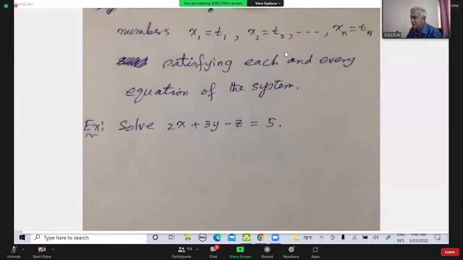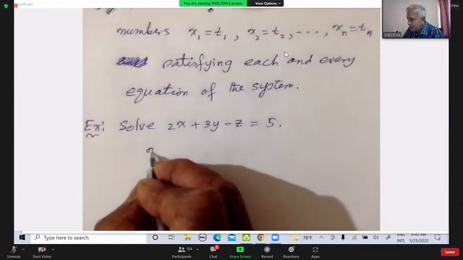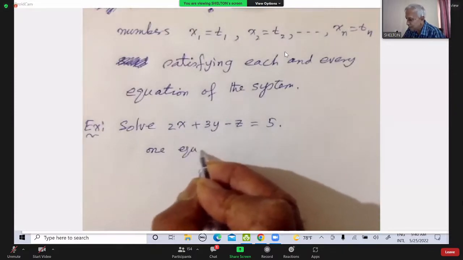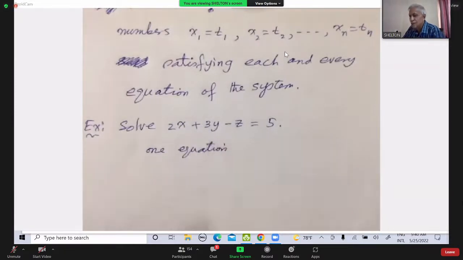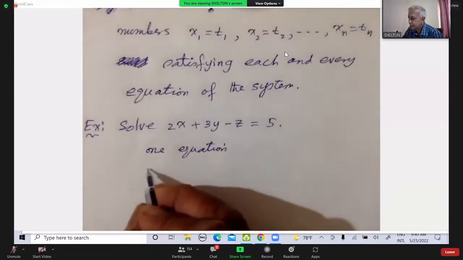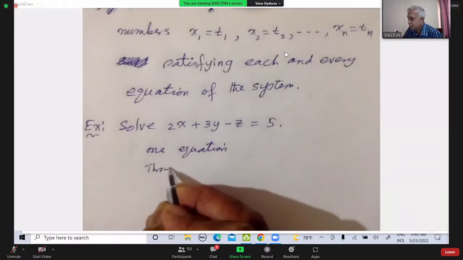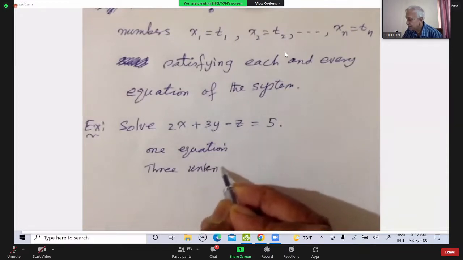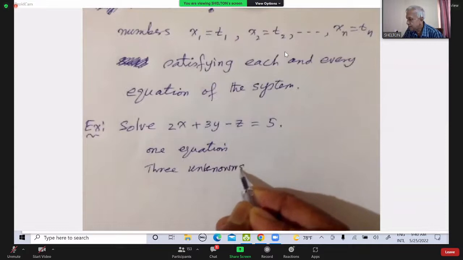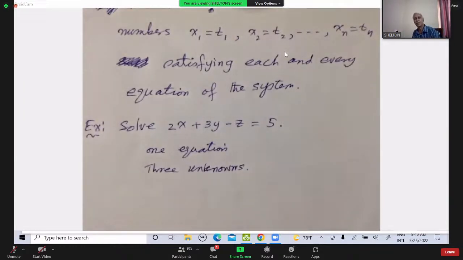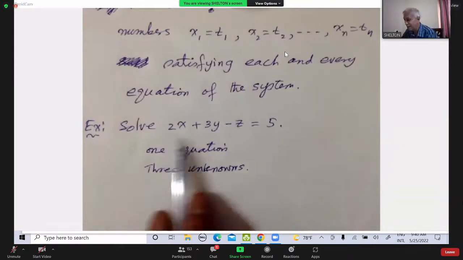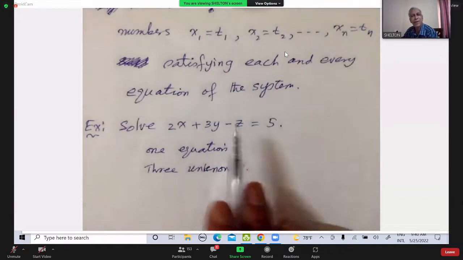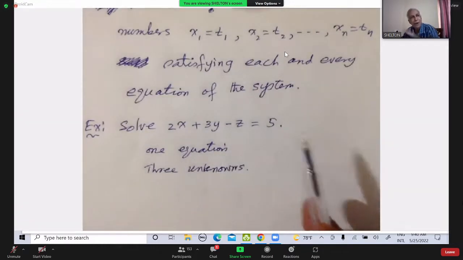How many equations? One equation. How many unknowns? Three unknowns. One equation, three unknowns. How do you solve? From one equation, you can find only one constraint.